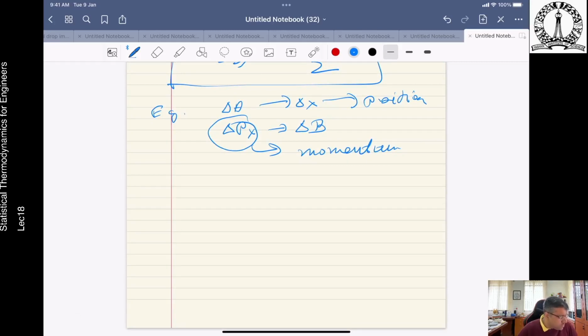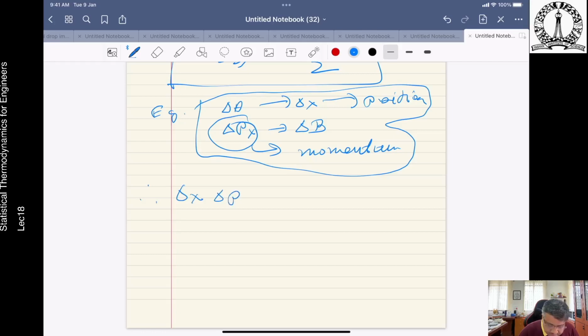Okay, and this is left as an exercise, one can show that delta X into delta Px is greater than or equal to h bar by 2, where h bar is Planck's constant.